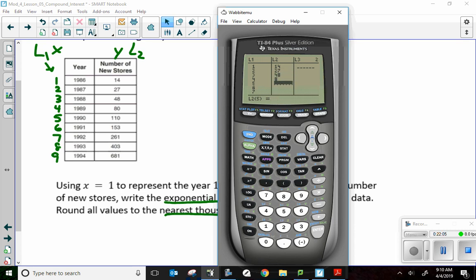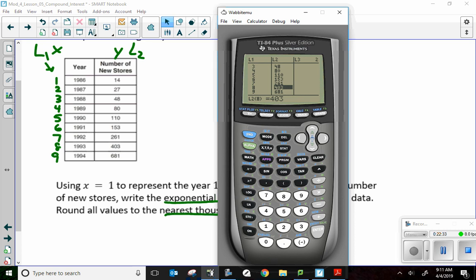Wow, that was a big jump. 110, 153, 261. Wow, that was another huge jump. 403. Yikes. And 681 because Americans are just addicted to coffee. Right? All that looks good.